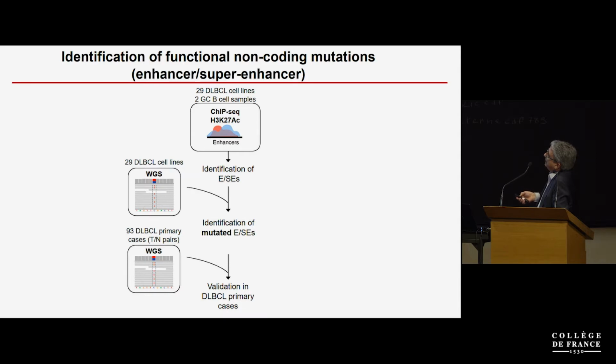And with ChIP-seq using the chromatin modifier identifying to some extent active enhancer function, we looked at the DNA that was brought down by active enhancers, or the same DNA in other regions in other cell lines where they were not active. And we looked at the sequence, and we found it mutated, as you will see, and then verified whatever we found in a large panel of 93 DLBCL, now in collaboration with the Vancouver group, Ryan Morin, on many more cases.